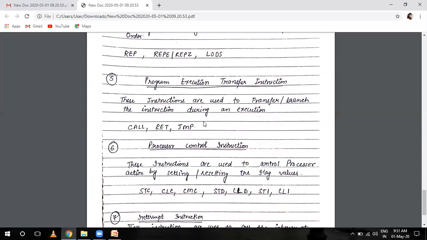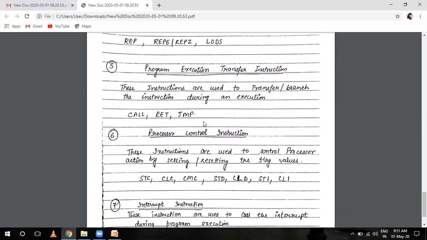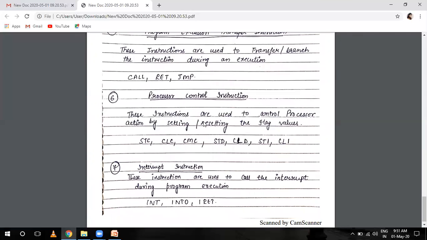Next is the processor control instruction. It is used to control the processor action by setting or resetting the flag values. This instruction is related to the flags.